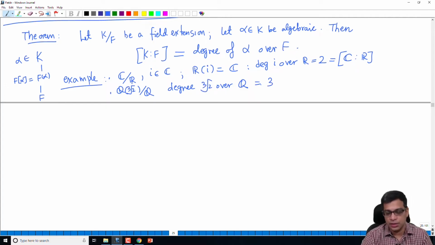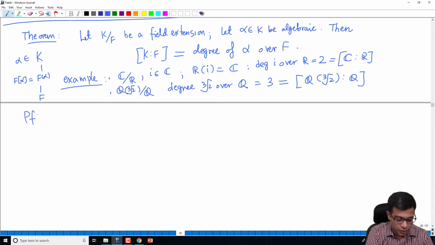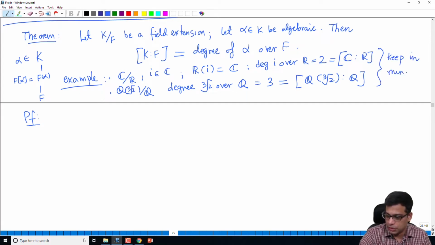One can prove this because x cubed minus 2 is an irreducible polynomial. x cubed minus 2 is the irreducible polynomial of this element over Q, and this is also [Q(cube root of 2):Q], the degree of the field extension itself. I am going to prove this equality as part of the proof of the theorem. Perhaps I didn't do this example last time, but we are going to do it. So these are the two examples to keep in mind, among many other examples. As we are doing this, you might want to think about these examples.